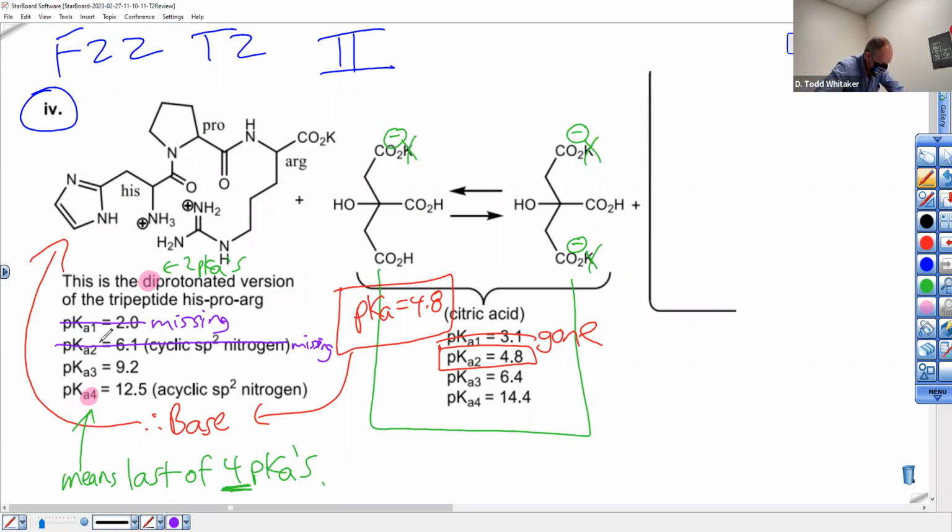I'm just reading this. Where is it? The cyclic sp2 nitrogen. There's only one. This one is not in a ring, this sp2 nitrogen. This is. That's sp3. Don't forget, lone pair.